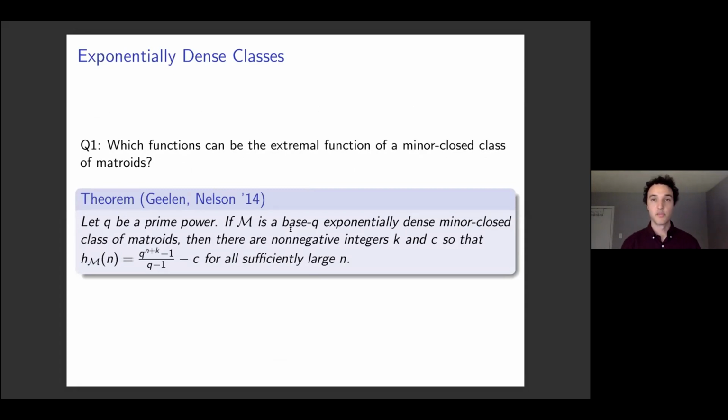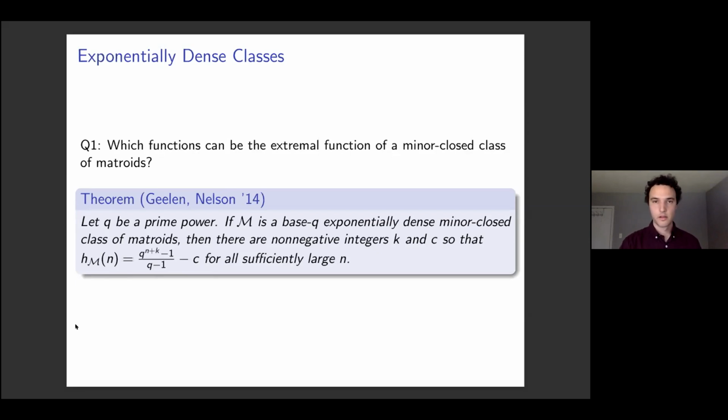If Q is a prime and M is a base Q exponentially dense minor closed class of matroids, then there are integers K and C, so that the extremal function for M is precisely this function whenever n is sufficiently large. That's about as good of a result as you could hope for in terms of answering question 1. And we would like to prove an analogous result for quadratically dense classes.